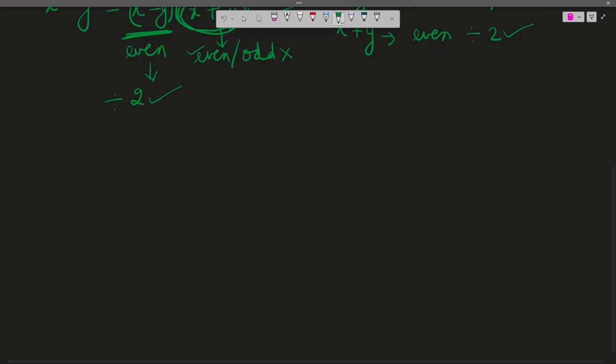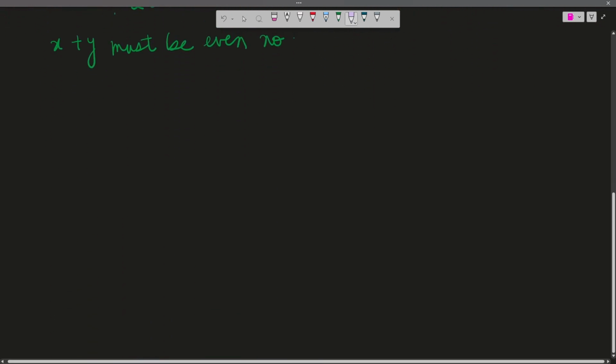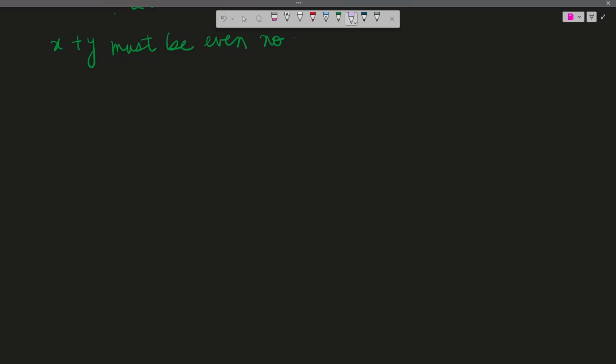So I can say that x plus y must be an even number. Now, if x plus y must be even, the possible cases are that both numbers are odd or both numbers are even. If both numbers are odd, say x is odd and y is odd, then x plus y will always be an even number.